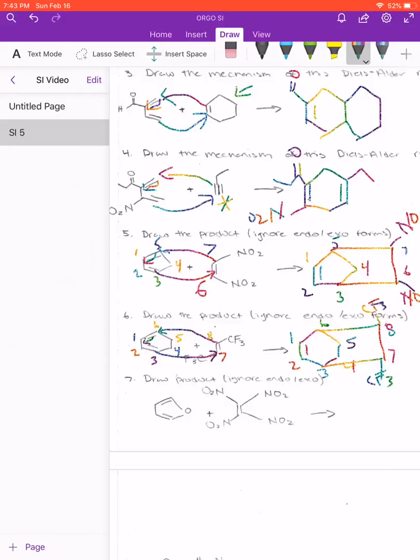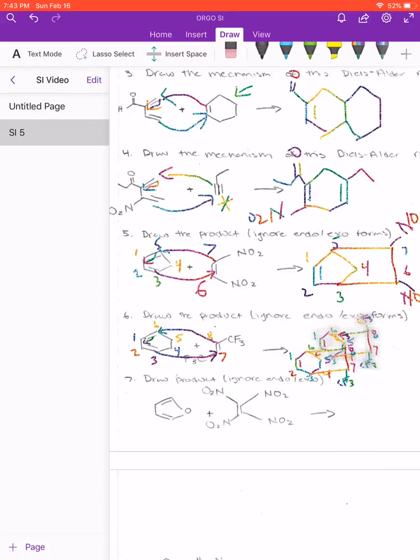So now for these other molecules, I'm just going to go ahead and draw the product, since I hope we're pretty clear on the mechanism at this point. Make this a little bit smaller, just so I can work.